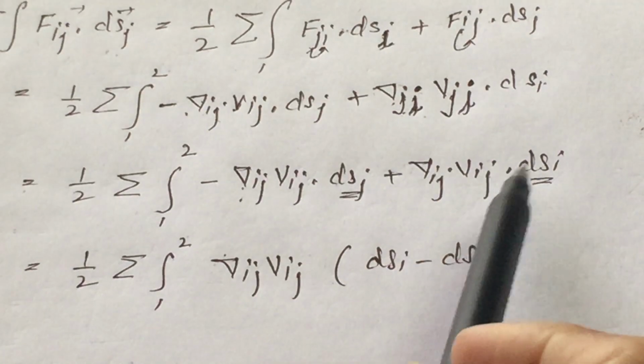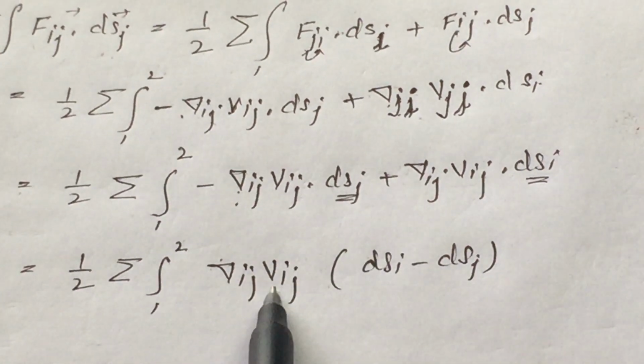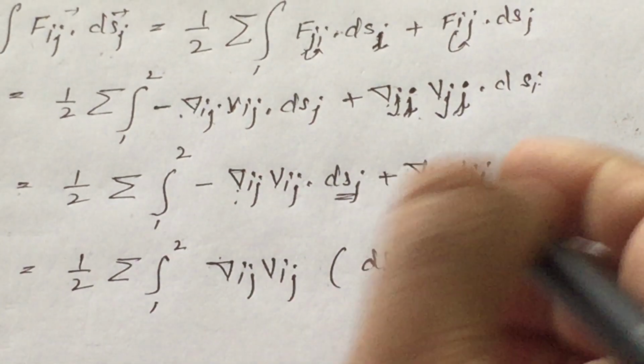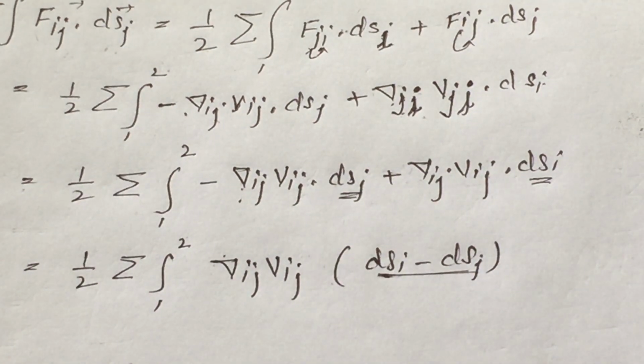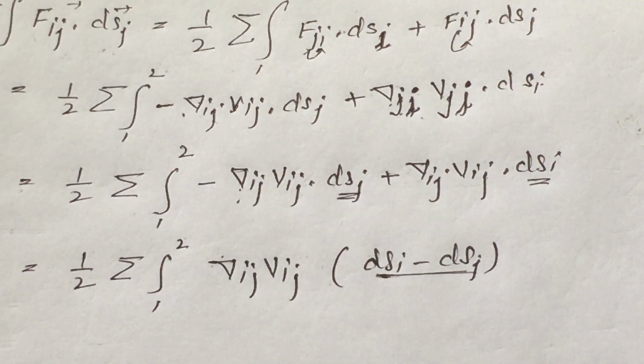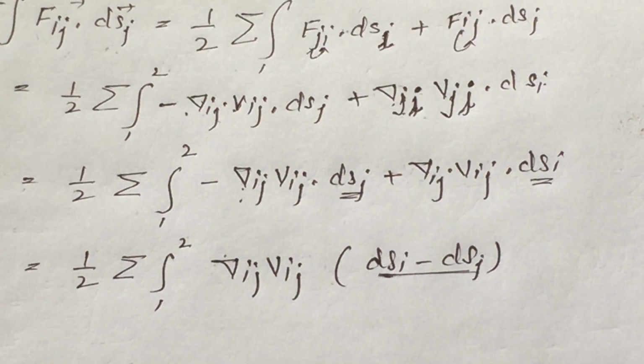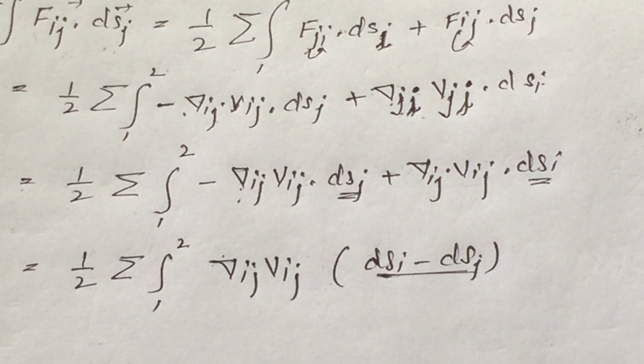We are just taking the common terms, and what is this term representing? This term is representing nothing. It is representing the distance in between the ith particle and jth particle when they got a displacement of dsi and dsj.